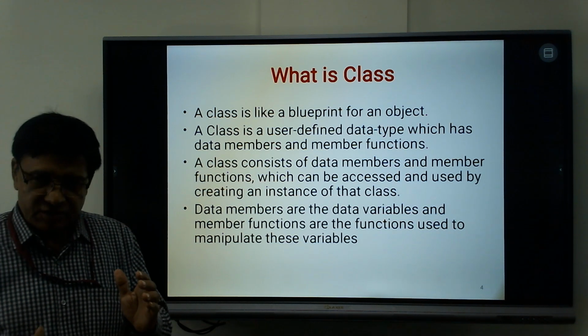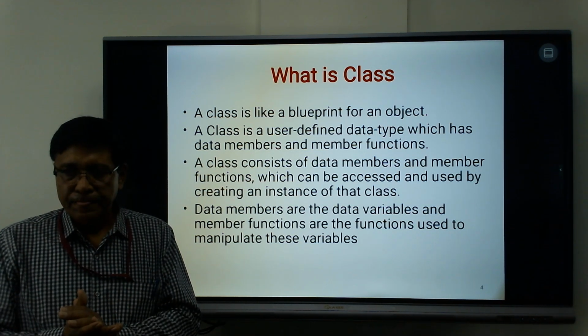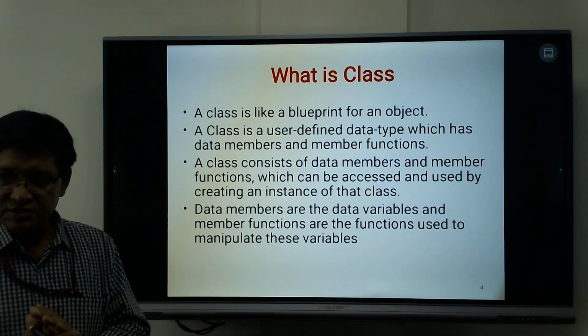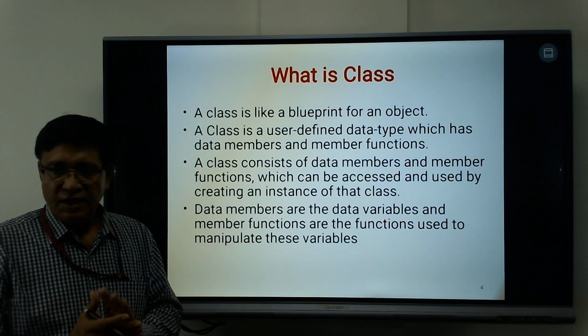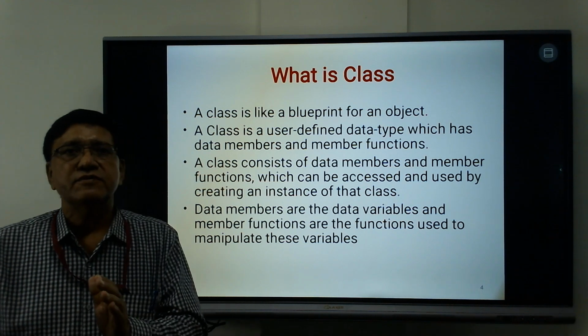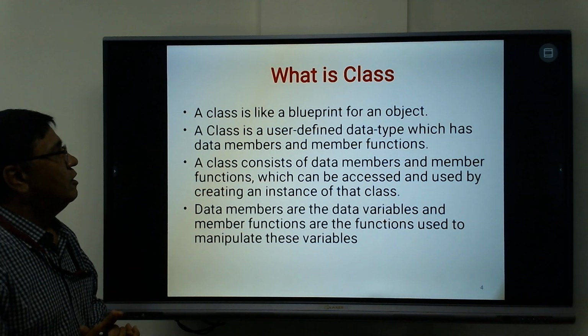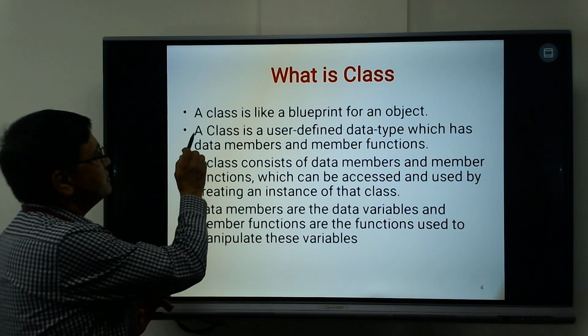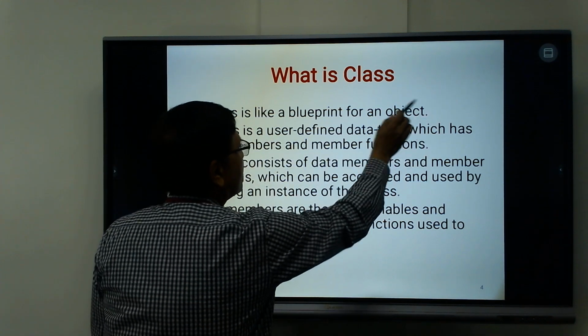So for this you will make a class, and you will define all the functions in the class, and then you will create the object of the class, and then you can achieve your objective. A class is like a blueprint for an object.